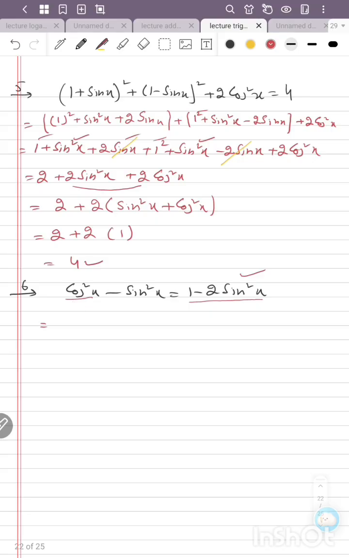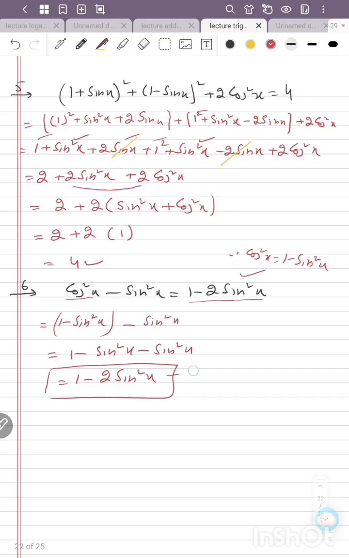From the identity, cos square x equals 1 minus sin square x. Now minus sin square x stays as it is: 1 minus sin square x minus sin square x gives 1 minus 2 sin square x. This is our answer for the right hand side.